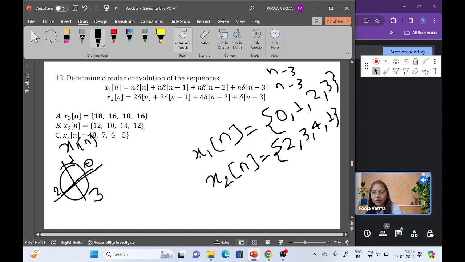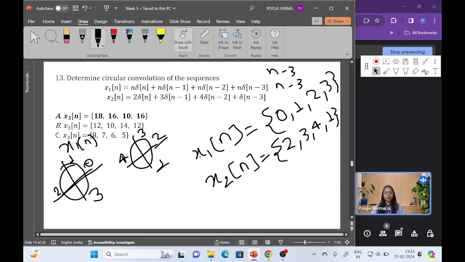Similarly we plot x2[n]: at 0, 1, 2 we move in a clockwise direction, so 2, 3, 4 and 1.